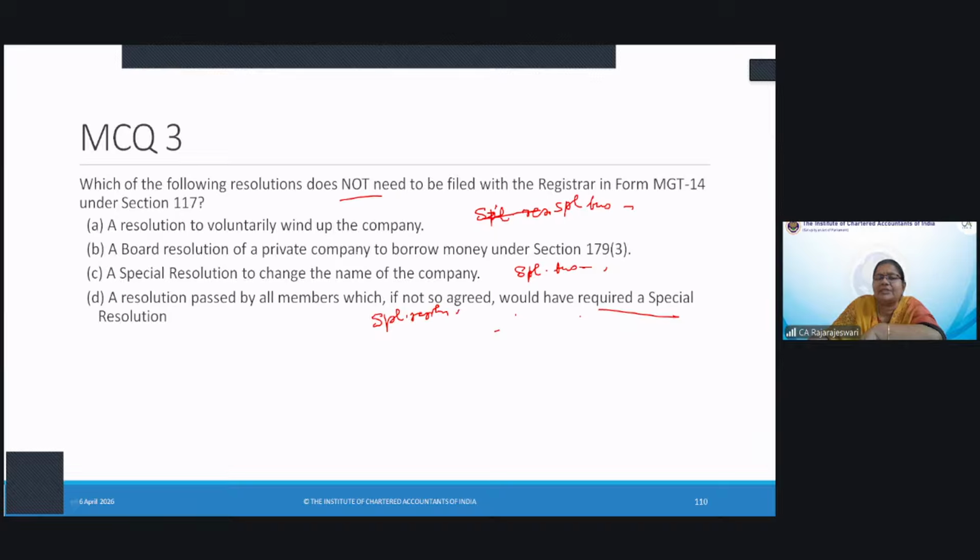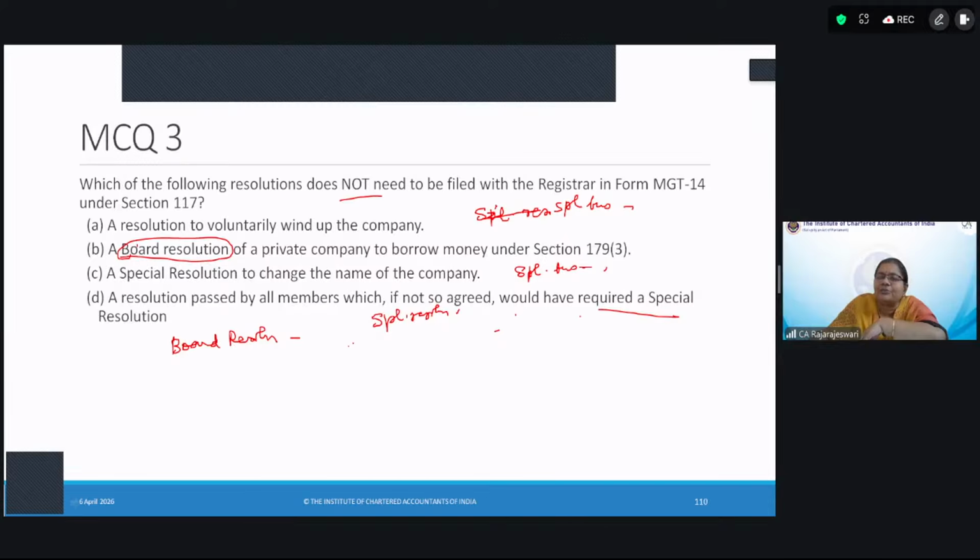Only this, if you see, this is a board resolution. Why should you give a board resolution to the registrar? That is not necessary, no? So the keyword here is board resolution. Do you file a board resolution with the registrar? You file the documents only when it comes to public notice.